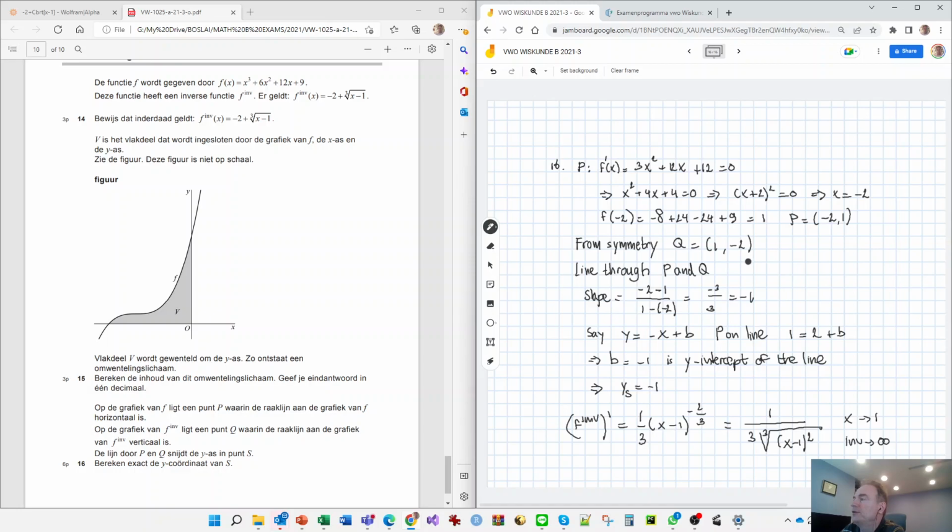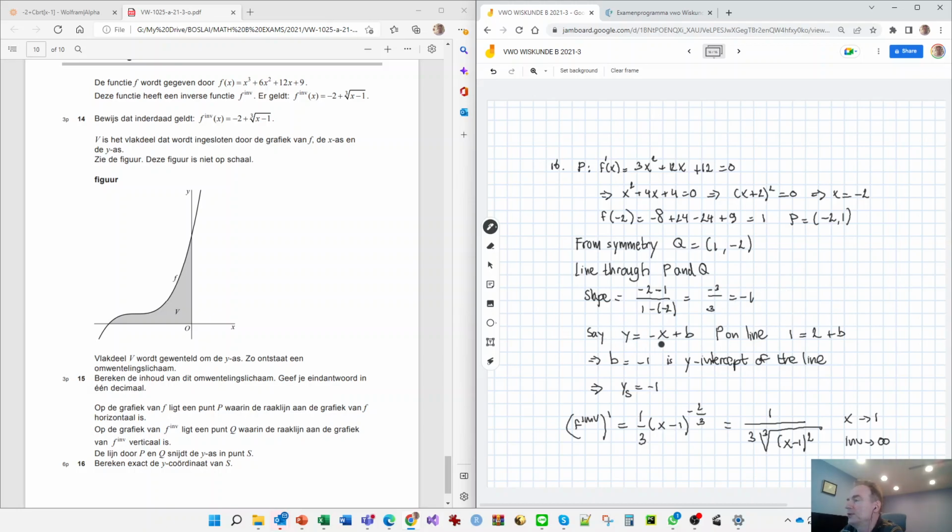We find the slope of the line by again delta y divided by delta x. So you get the y of q minus the y of p, over the x of q minus the x of p. It's minus 3 divided by 3, which is minus 1.